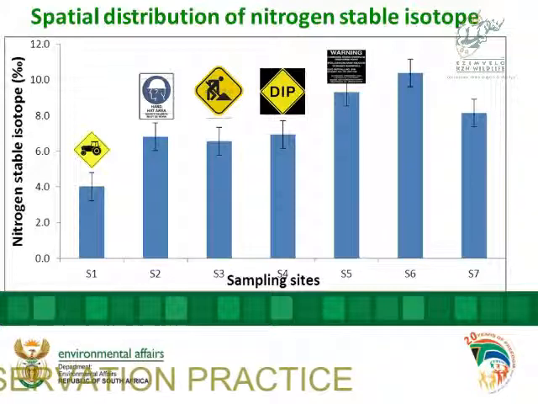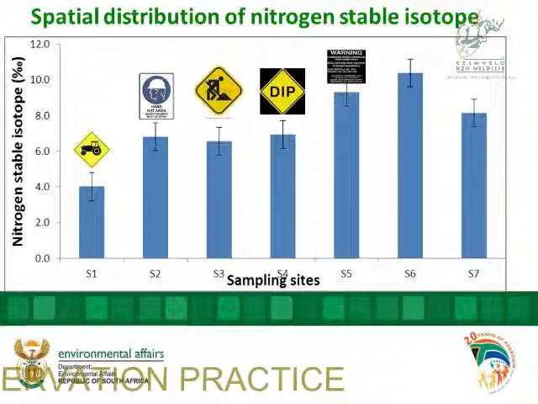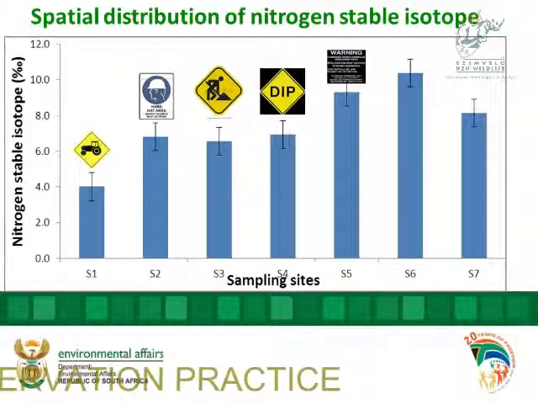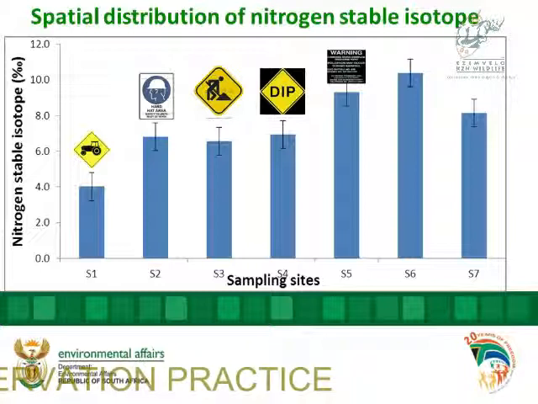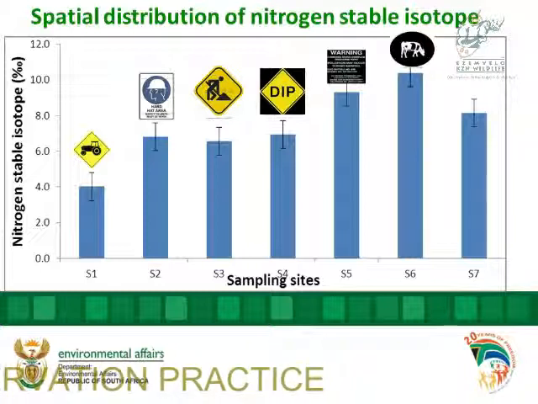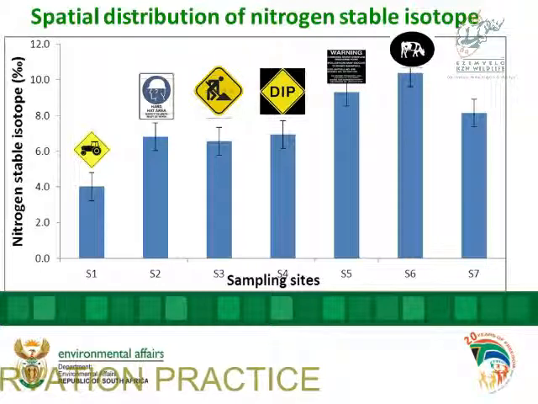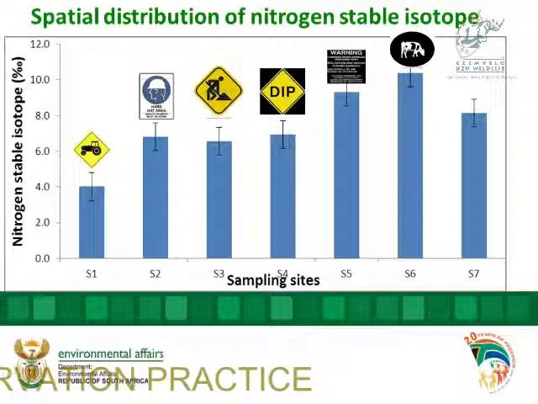Coming to Site 5, where there was a sewage discharge, the signatures were higher, indicating the effect of the sewage discharge, but the signatures were very high where we never expected them to be. That was at Site 6, where the dominant land use was grazing.